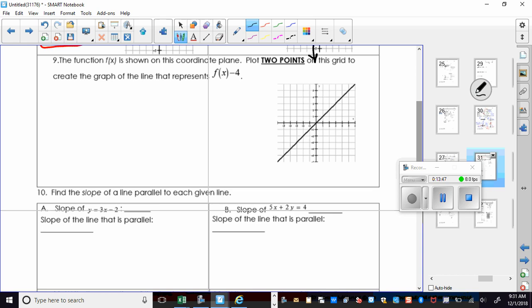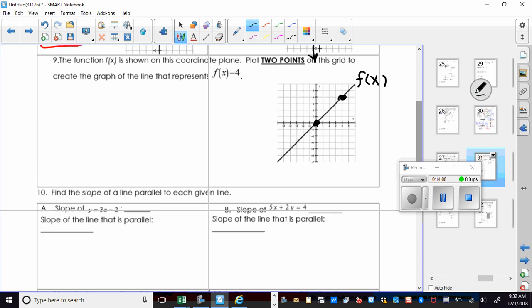Okay, now the function is shown in this coordinate plane. Plot 2 points on this grid to create the graph of the line that represents f of x minus 4. Well, this is f of x, right? I want to create f of x minus 4, so I'm going to plot 2 grid points on f of x.